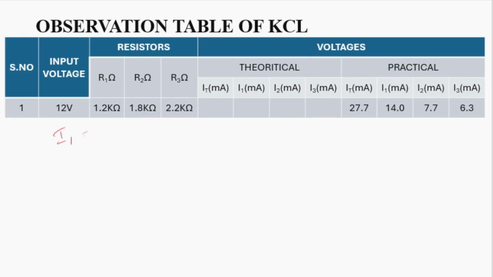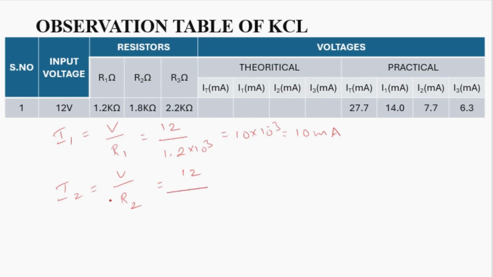I1 is equal to V by R1. V is 12 volts, resistance is 1.2 into 10 cube, which will give 10 into 10 power minus 3, which is 10 milliamperes. I2 equals V by R2.